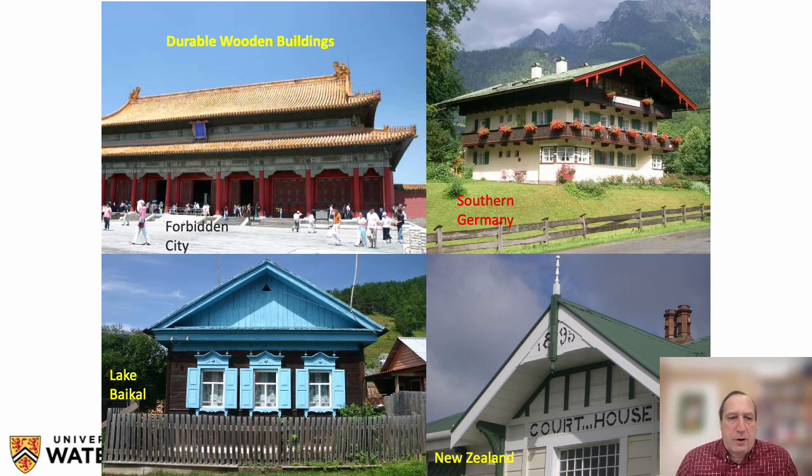Not all of them are particularly rainy, although they all have moderate to higher rainfall rates, and they're all older buildings. The newest one here is the bottom right, which is a courthouse in New Zealand, made with wood siding, but with these 24-inch type overhangs, quite aggressive, especially for a 1 or 1.5 story building.